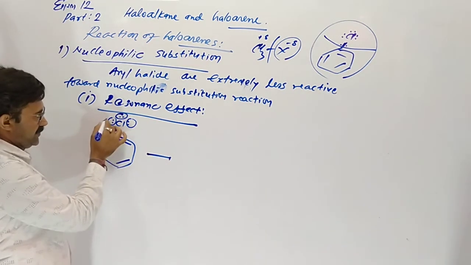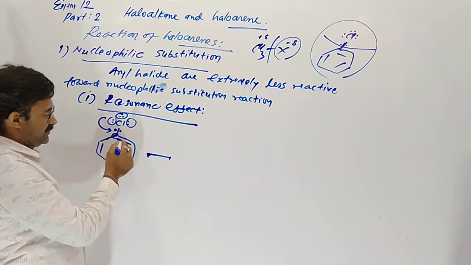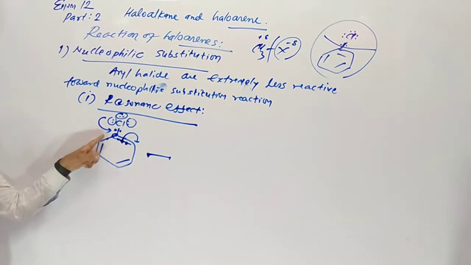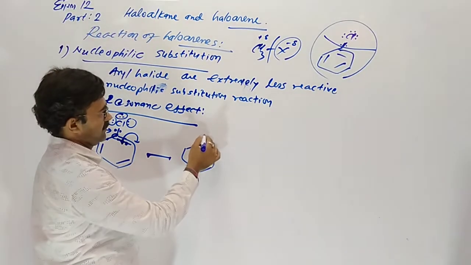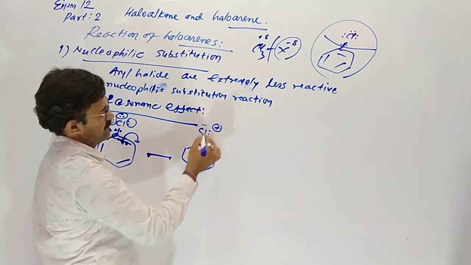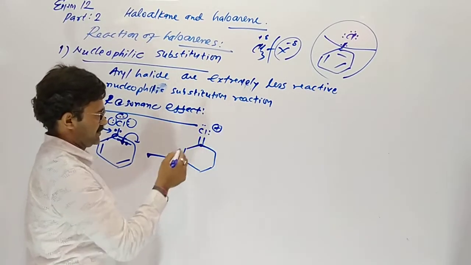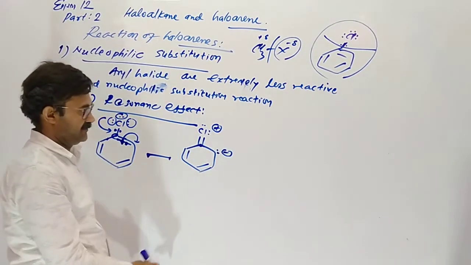These 2 electrons move here. So these 2 electrons of the pi bond pass and here a double bond occurs. After donating electrons, chlorine became partially positive.